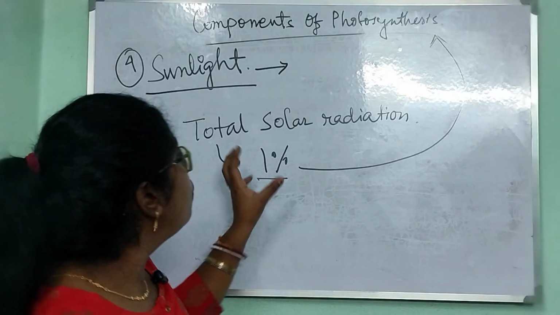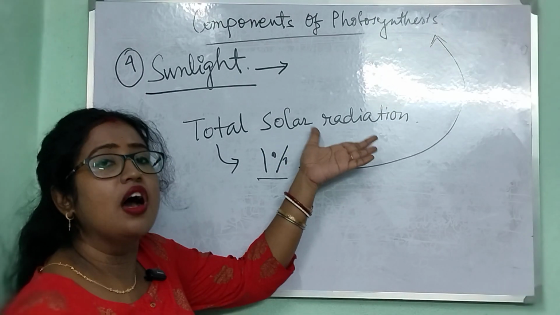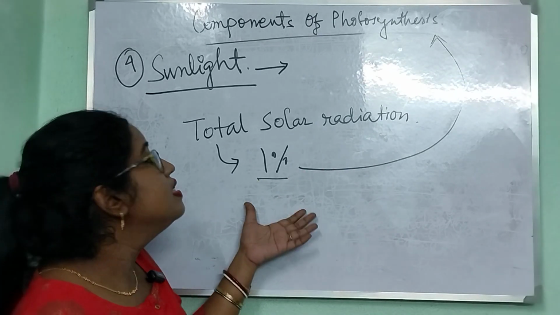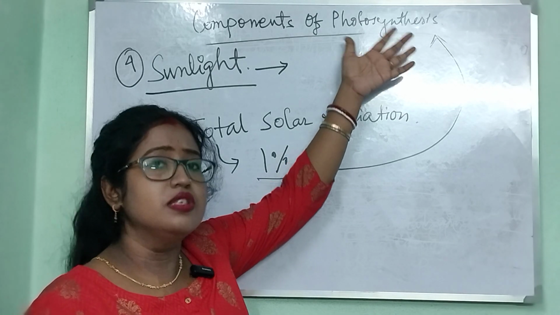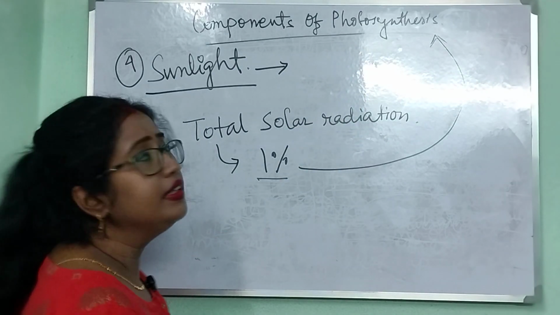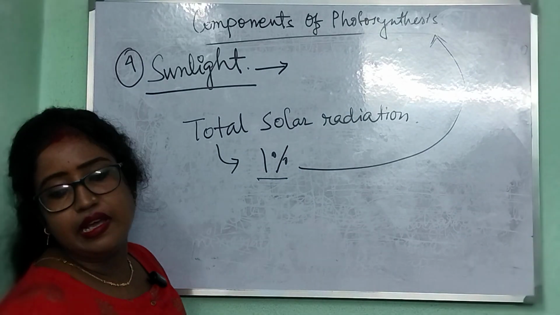So only 1% of solar radiation that reaches the Earth's surface is entrapped, or utilized by the green plants, in the process of photosynthesis.